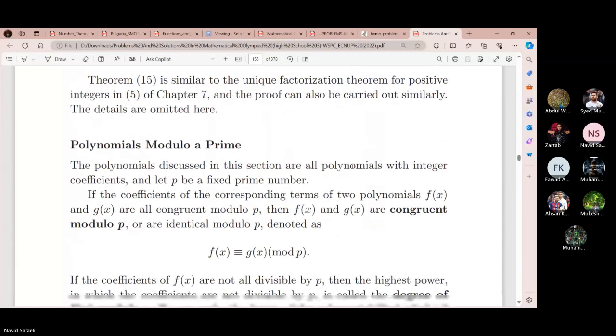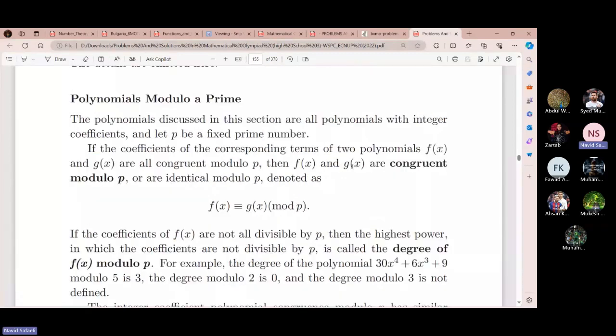Finally, we have something about polynomials modulo a prime. If the coefficients of the corresponding terms of two polynomials f and g are all congruent to each other mod p, then we say that f and g are congruent mod p, and we write this.